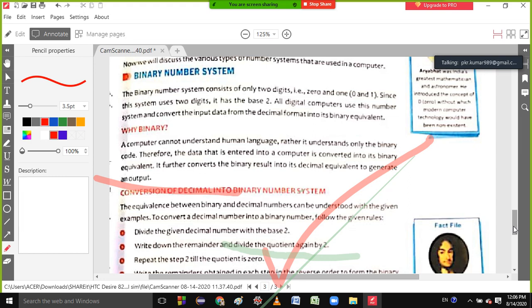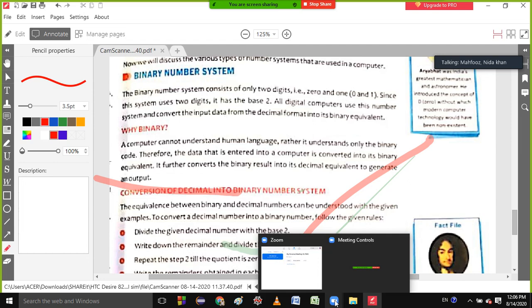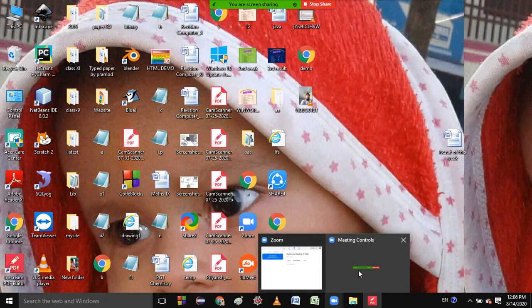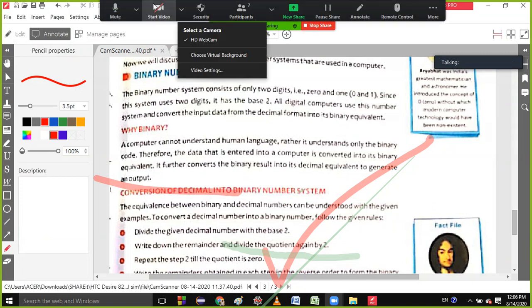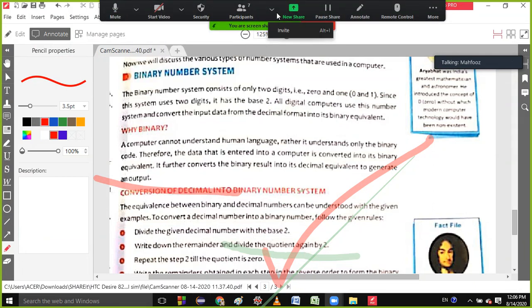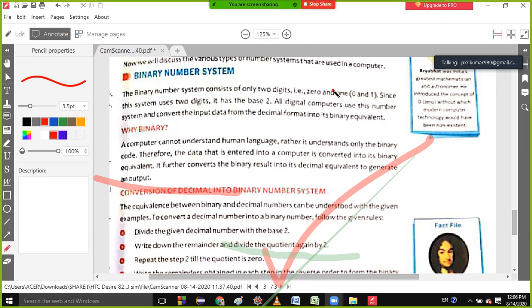Just mute your mics, a lot of voice is coming, very bad. There should not be any voice coming from your side. I think the voice is coming from Mahpus's side. Mahpus, Mahpus.